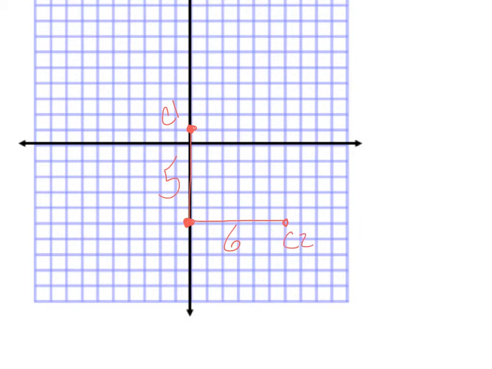And the first thing it asks us for is what's the distance between clue 1 and clue 2? What's this value? So from clue 1 to clue 2, that's going to be 5 squared plus 6 squared.